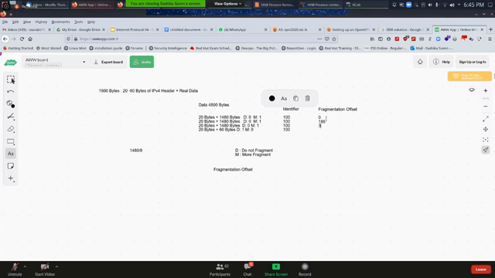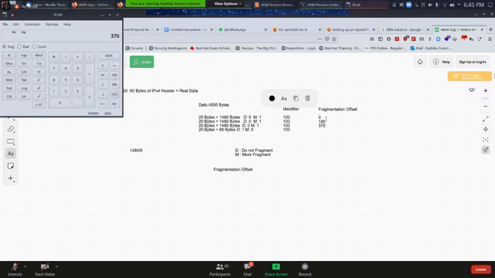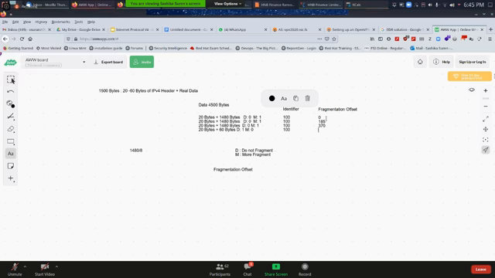The next markup value is 370. Again we add another 185, that is going to be 555. So these are the markup values.